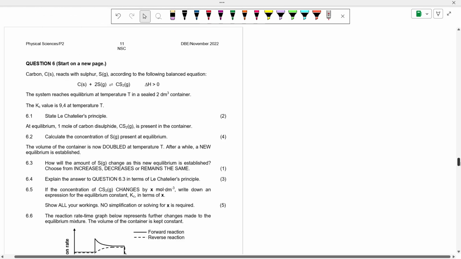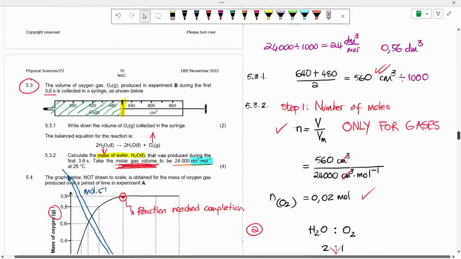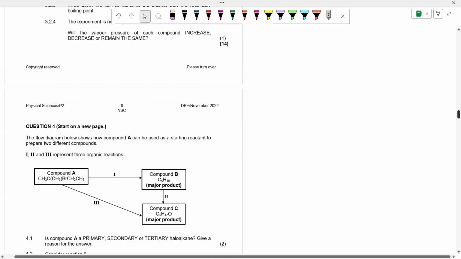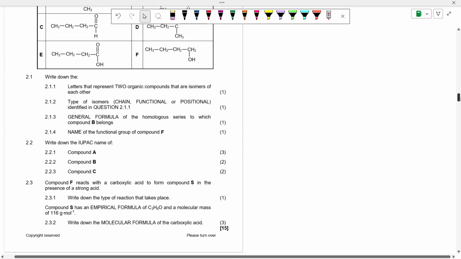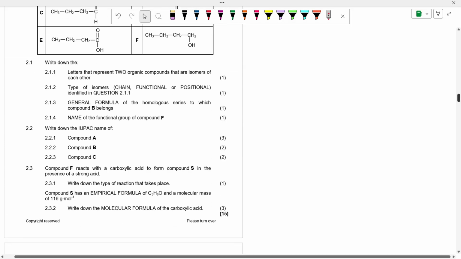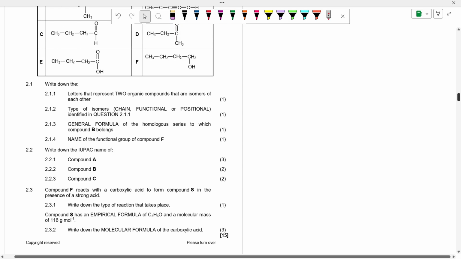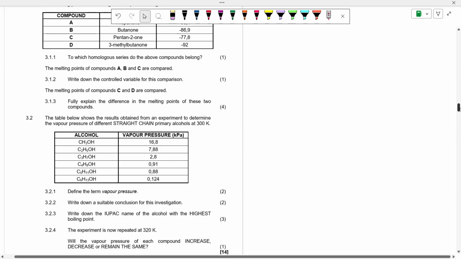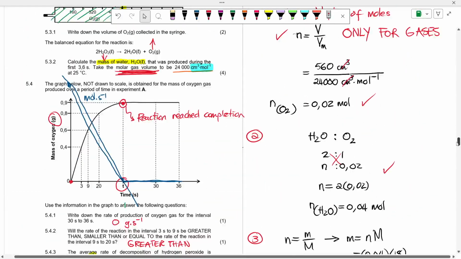There's Kc in that one. Also a lot of marks. Then from there it's just organic chemistry. As far as I'm concerned, you must be okay with that one, right? Yes, this one and acids and bases. Okay, that's good.